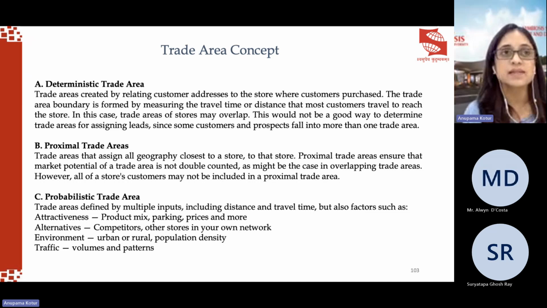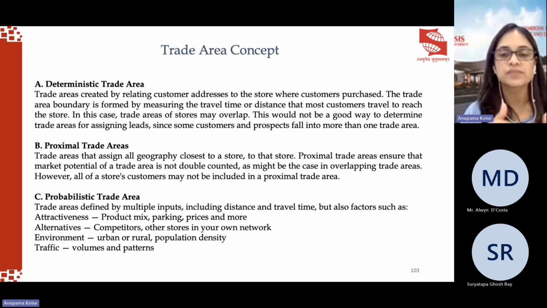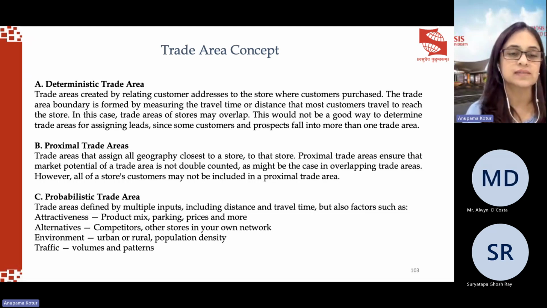And the franchisees won't be very happy that McDonald's is giving away licenses to open stores and allowing them to compete with their own brand. So in these cases, these places become demarcated. They say that 2 kilometers is the proximal trade area, and there will not be another McDonald's within 2 kilometers from store A of McDonald's, right? So it becomes necessary to determine the proximal trade area, especially for cases like these.